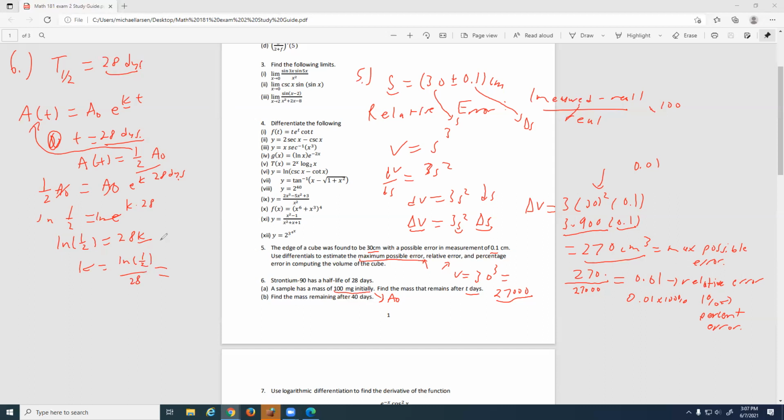Negative 0.024. That seems about right. Yeah, that's exactly what I got. Well, actually, I got minus 0.0247. So technically you'd round up to 0.025, but it shouldn't make a huge difference.